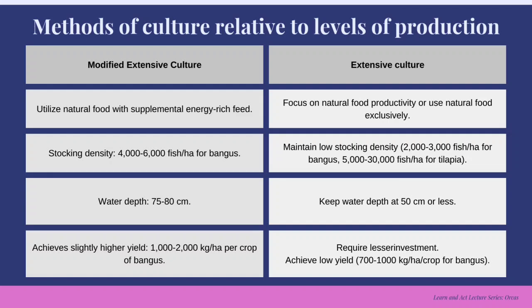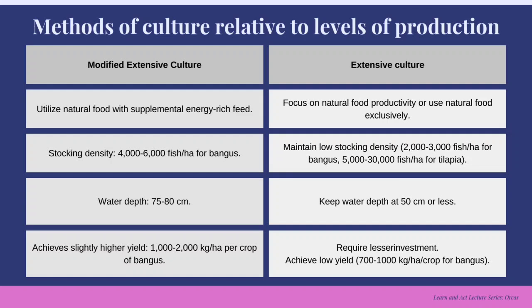for additional feed. In water depth, modified extensive culture maintains deeper water, ranging from 75 to 80 centimeters, providing a more stable environment. And extensive culture typically has shallower water at less than 50 centimeters, which can limit the fish growth potential.